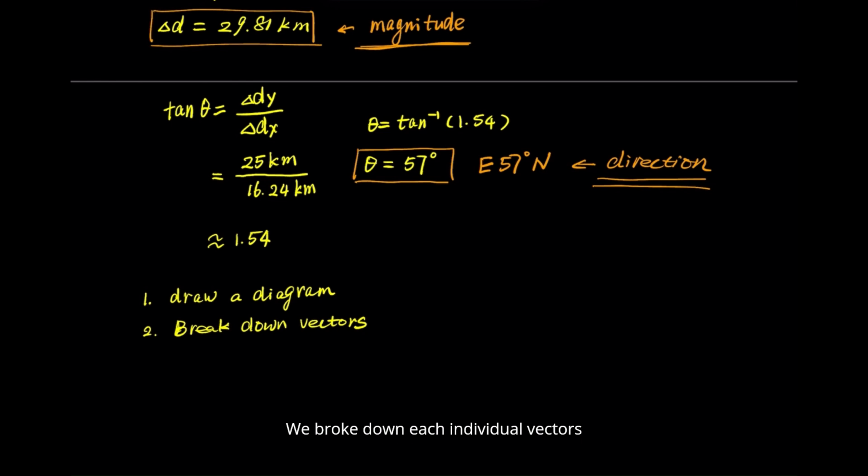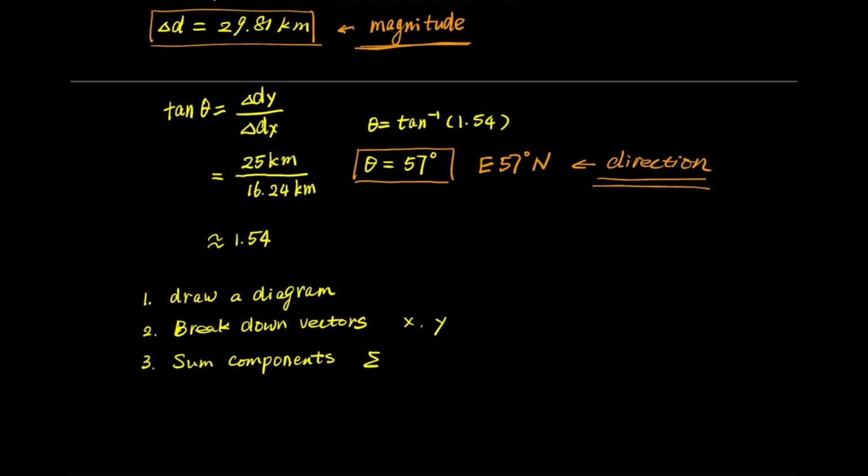We broke down each individual vector into the horizontal and vertical components. Okay, and then we sum the components. We add all the horizontal components together and also add all the vertical components together.